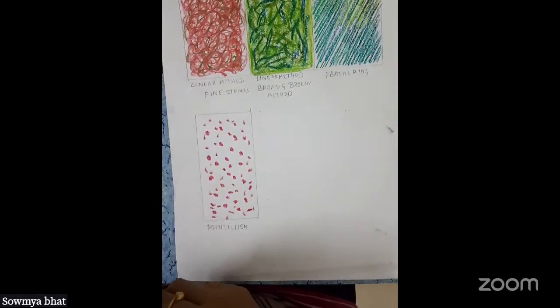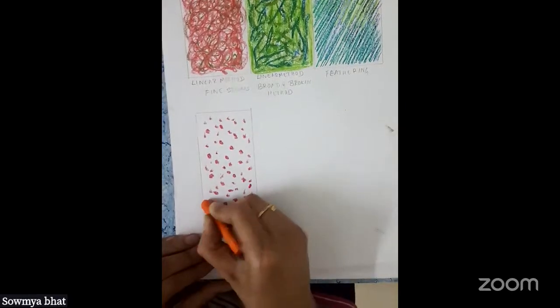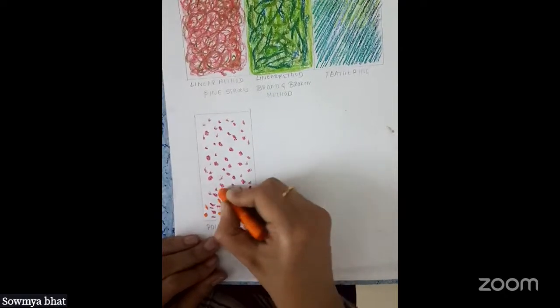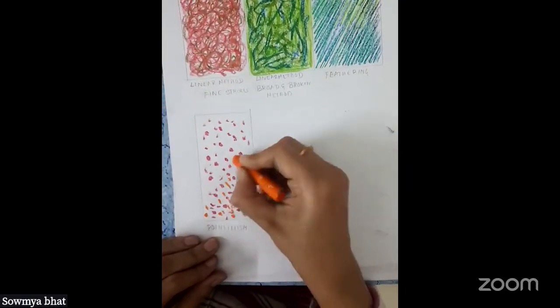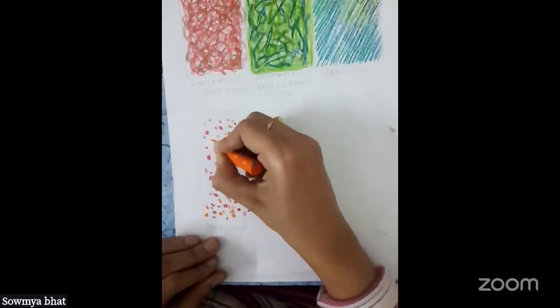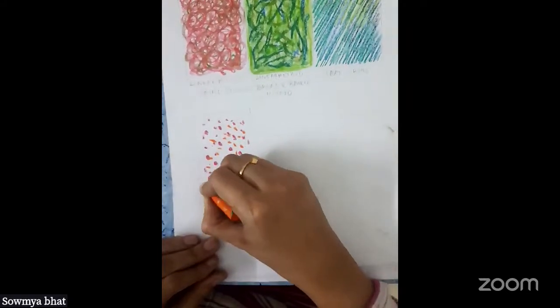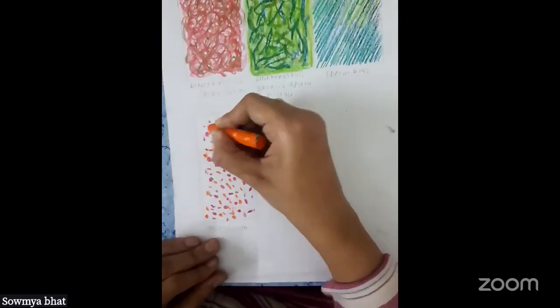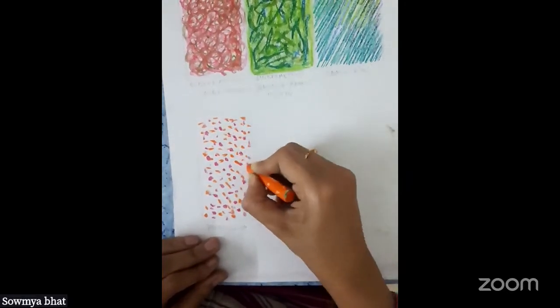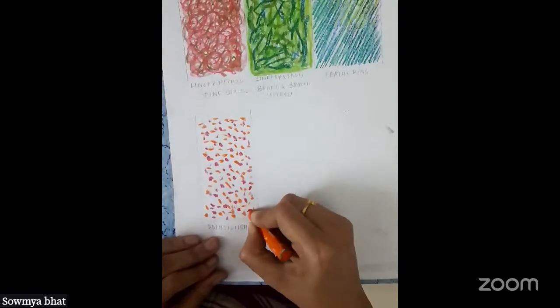Then use another color for this, which will not come one upon each other, but will come next to each other, which is again points, like dots, which are flat and broad. This is one more. This is very easy. I think everyone can do this.